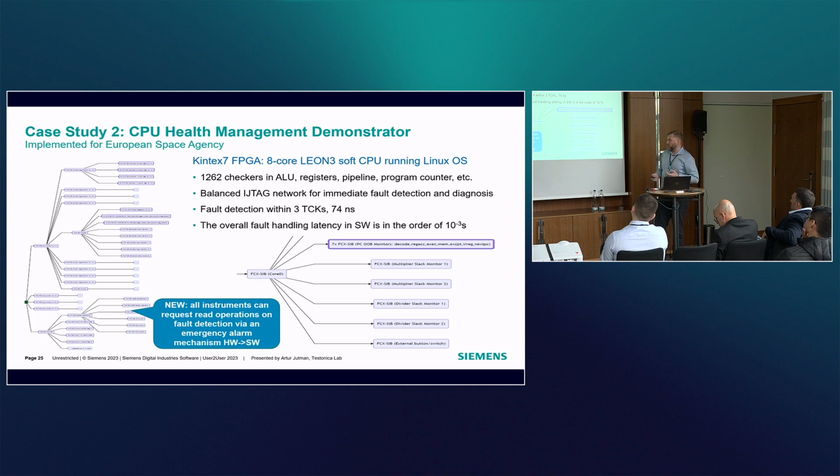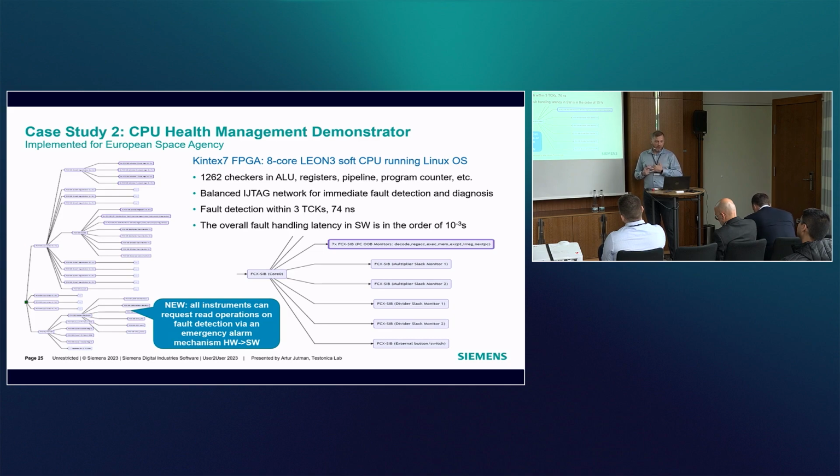So for that we appended all the instruments with the capability to send interrupt requests to the operating system. Whenever a fault is detected, the interrupt request goes to the operating system. In this case, it was Linux running on this FPGA demonstrator, and in a matter of 3 clock cycles we get fault detection.